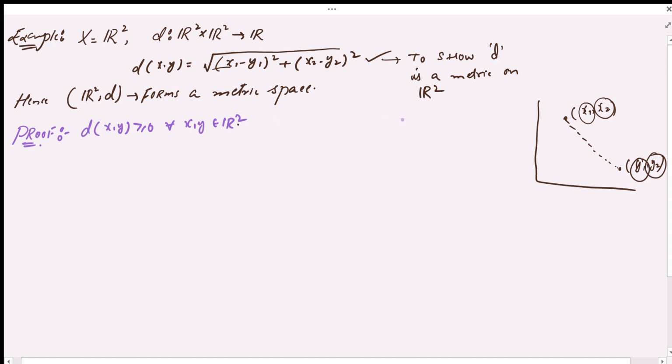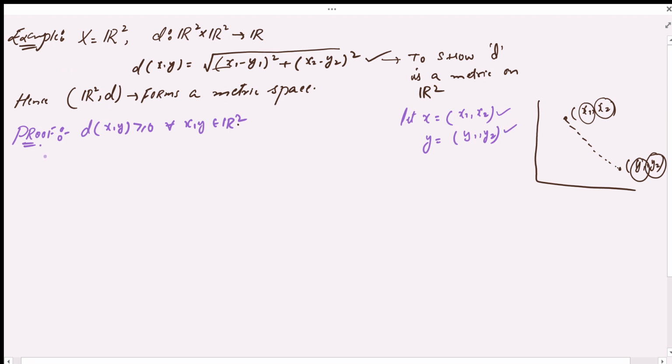Suppose x is equal to (x1, x2) and y is equal to (y1, y2), because whatever point you take in R square will act as an ordered pair, as we know in lower classes. So we have x equal to this and y equal to this. Now we will proceed.